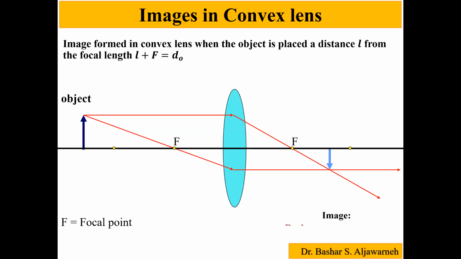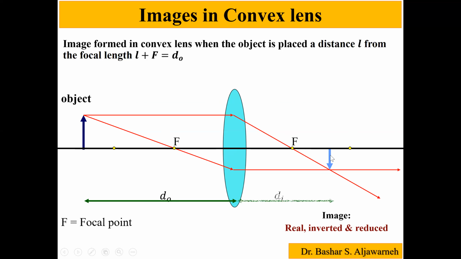inverted because it's below the main axis, and reduced. Note that the distance from the object to the lens is called d naught, and the distance from the image to the lens is d sub i. Therefore, we can use the lens maker equation: 1 over focal length equals 1 over d naught plus 1 over d i. Again, I'm talking about a convex lens.